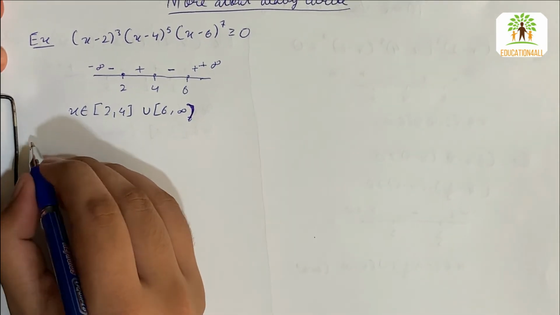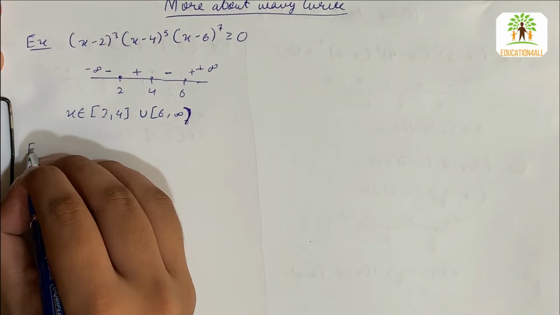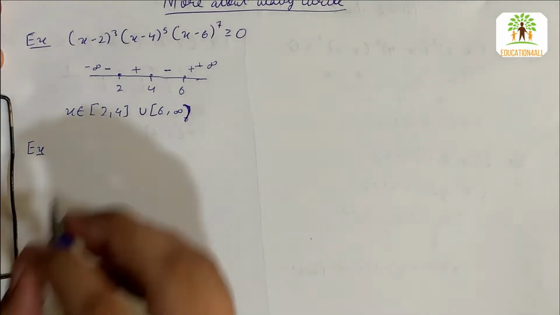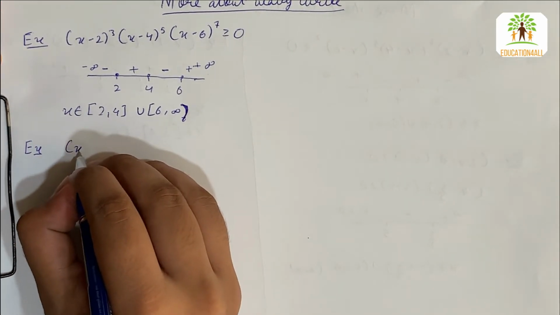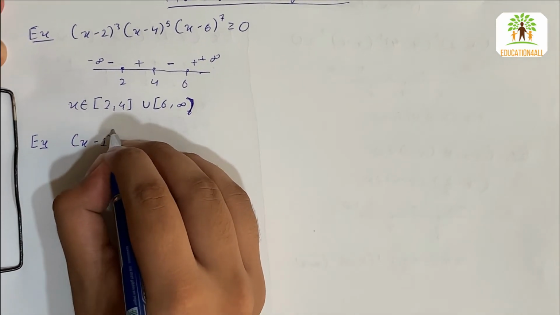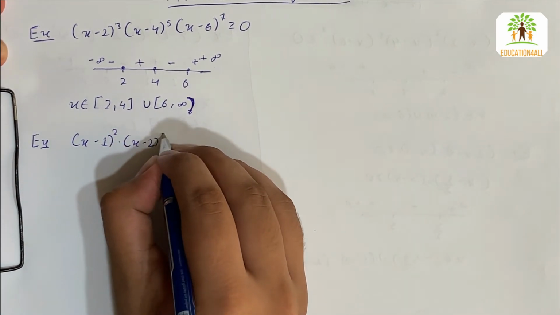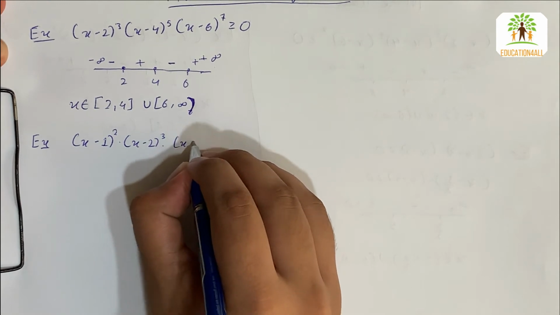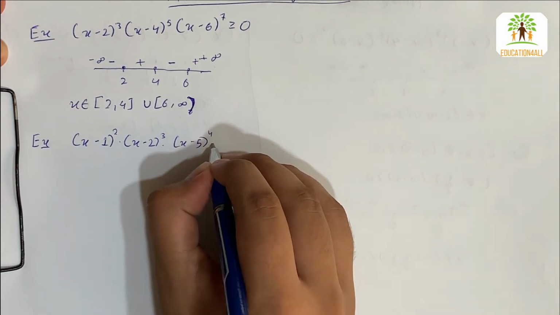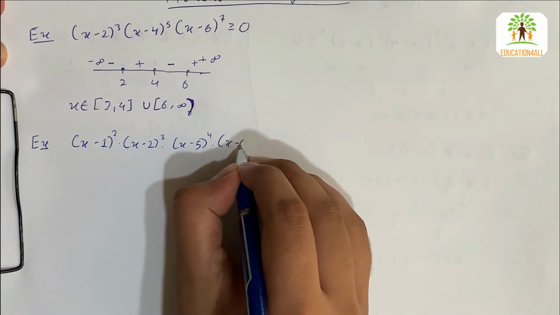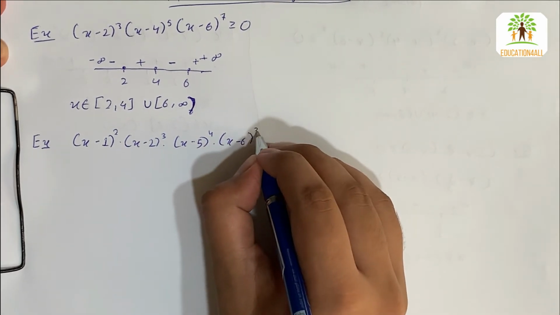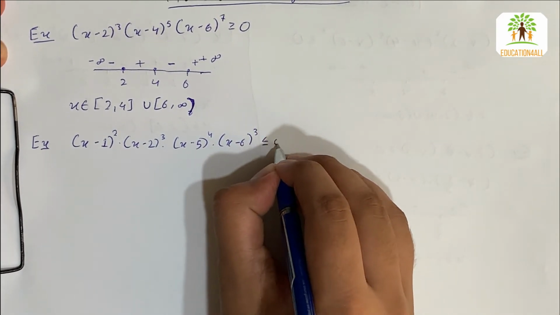Let's proceed with another example. (x minus 1) whole square times (x minus 2) cube times (x minus 5) raised to the power 4 times (x minus 6) raised to the power 3 lesser than or equal to 0.